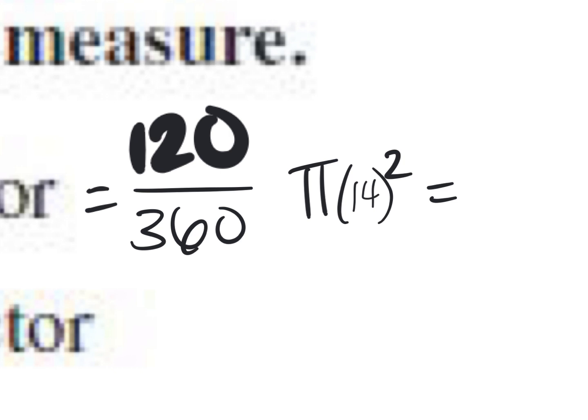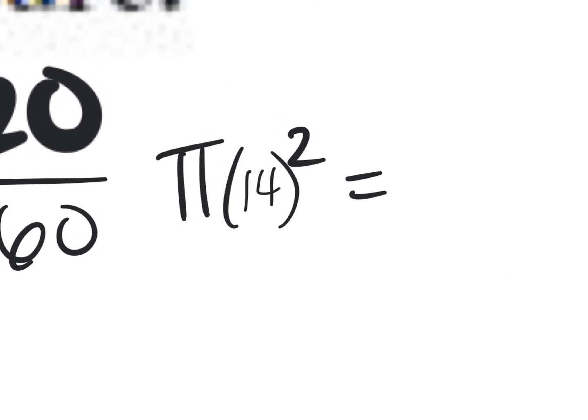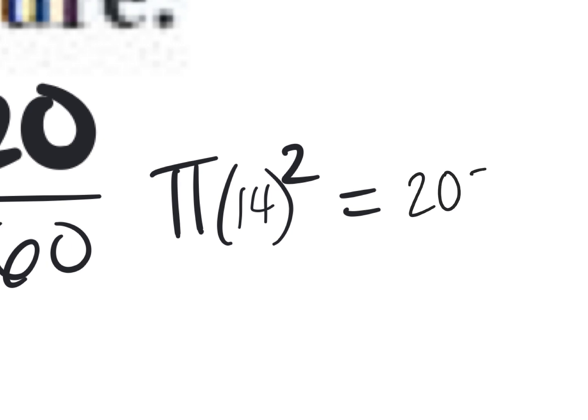So you have to move on to the next one, which says exponent. So now we evaluate the exponent. 14 squared gives me 196. Now I multiply that by pi, and I multiply that by 120, and then I divide it by 360. I got 205.3. Does it tell me what to round to? Nope. So I round 205.3, round to the tenth.